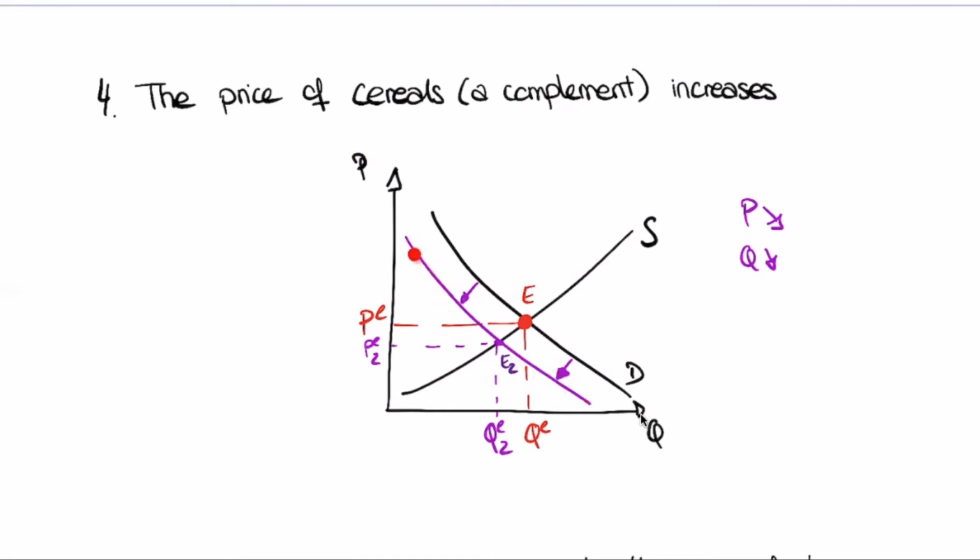Our new equilibrium is here. The price decreases and the quantity decreases as well. Why? Because if the price of the complement increases, I will buy less of that good, and since it's a complement, I will also buy less of the related good, which is the milk here.